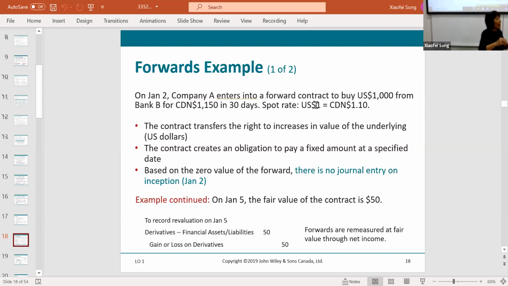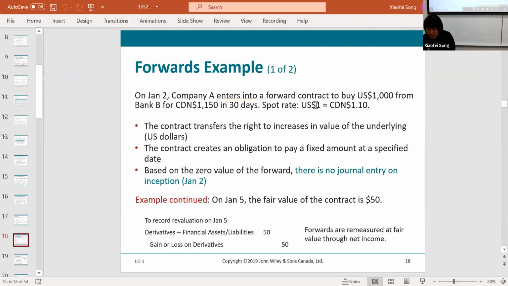And so by entering this contract, the advantage for company A will be enough to fulfill this obligation. It will cost him exactly $1,150. There is a certainty to this situation. He knows what's going on. He needs 1,000 US dollars. It will cost him $1,150. That's it. There's no uncertainty about that.